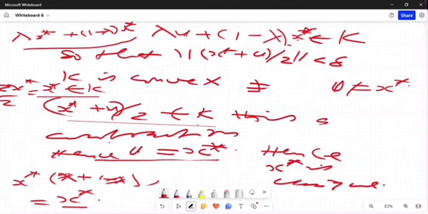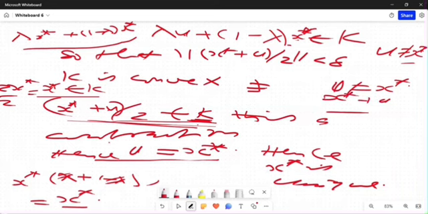No, remember at the beginning, we assumed that U is different from X star. That's at the beginning. Now, remember, this is a convex case. For it to be convex, this has to happen: X star plus U over 2 is in K. So if that is the case, it then means that X star and U is the same.